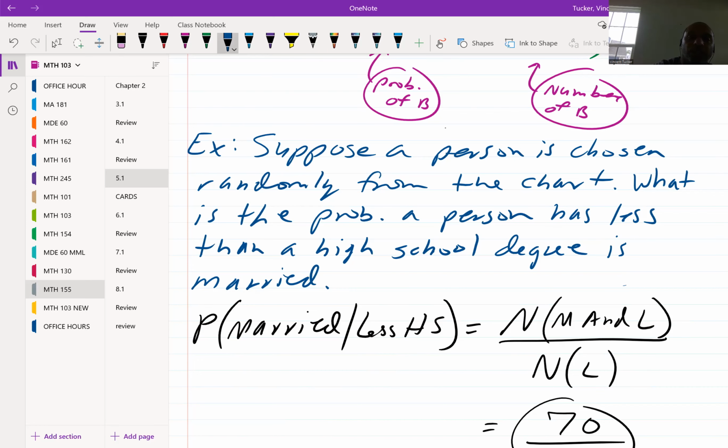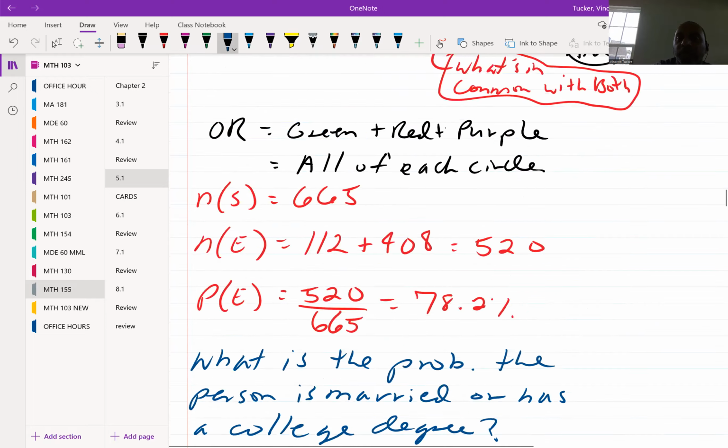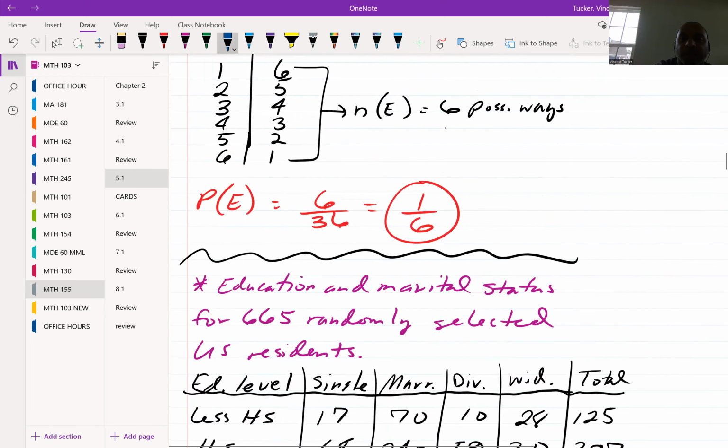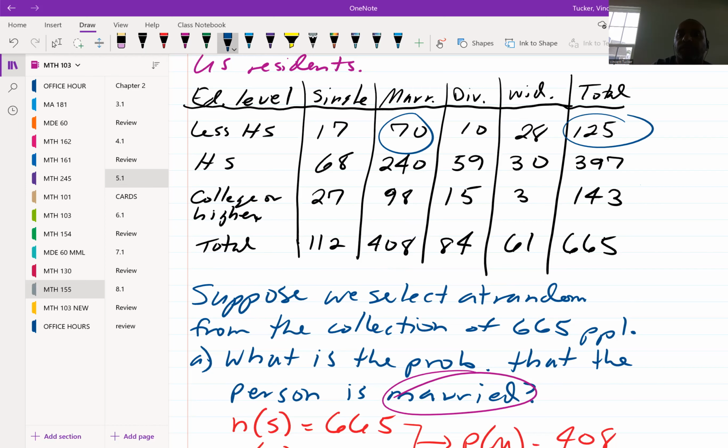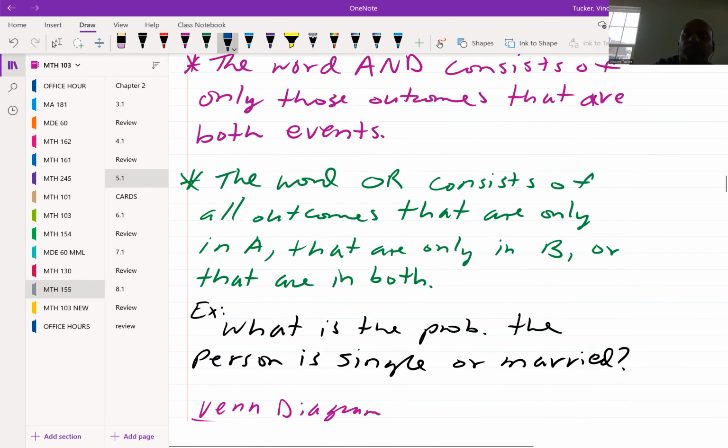So if I go to the chart, we're looking at less than high school degree and married, that's 70, and less than high school degree is 125.